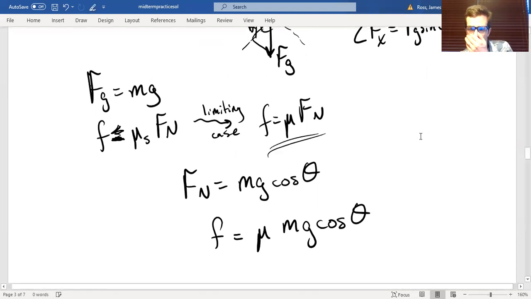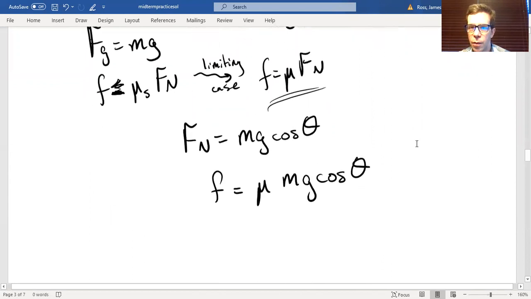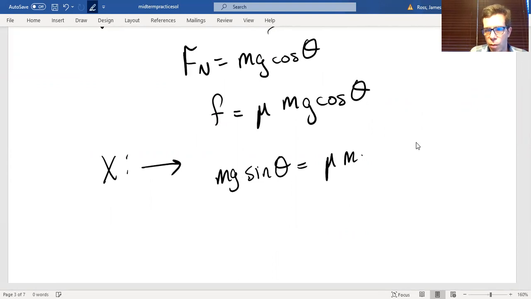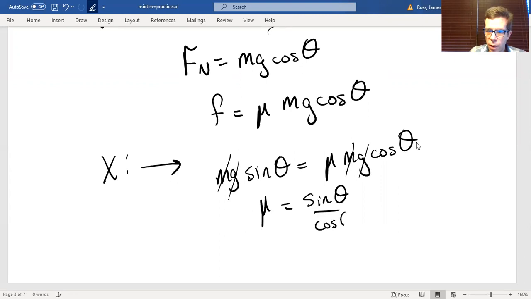And now we're going to plug that into our x equation, and we get mg sine theta is equal to mu mg cosine theta. We can divide by m and divide by g. We get that mu is equal to sine theta divided by cosine theta, which is the result that we expected, right? Tangent of the angle.